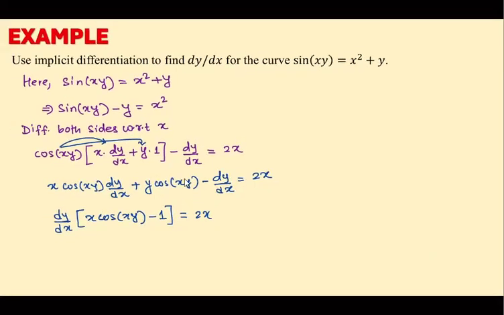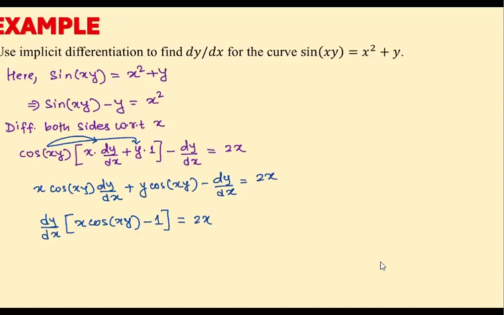We'll move this quantity to the other side because this one does not have dy over dx, so we can move it to the right. It's positive, so if you subtract and move it to the right-hand side, it'll be minus y times cosine xy. So dy over dx is multiplied with the quantity inside the bracket.